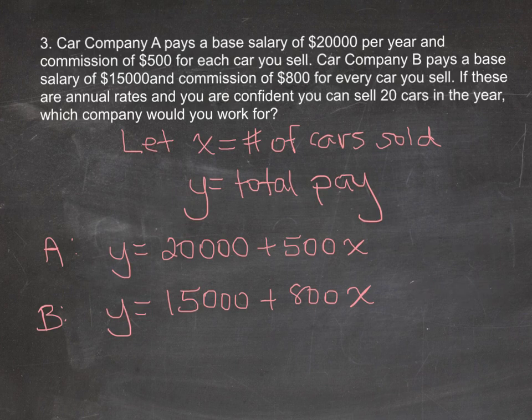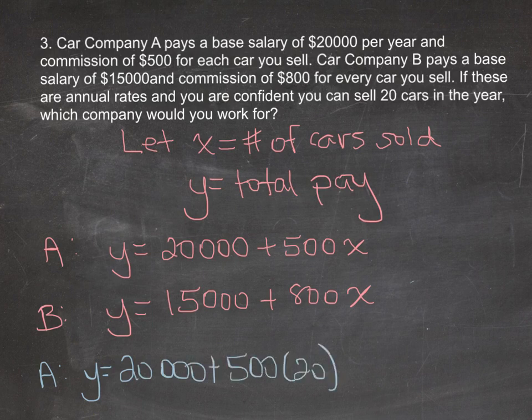So for the first one, y is equal to 20,000 plus 500 times 20. So 500 times 20 is 10,000, so that'll be equal to 30,000. So this company would pay me $30,000 if I sold 20 cars.